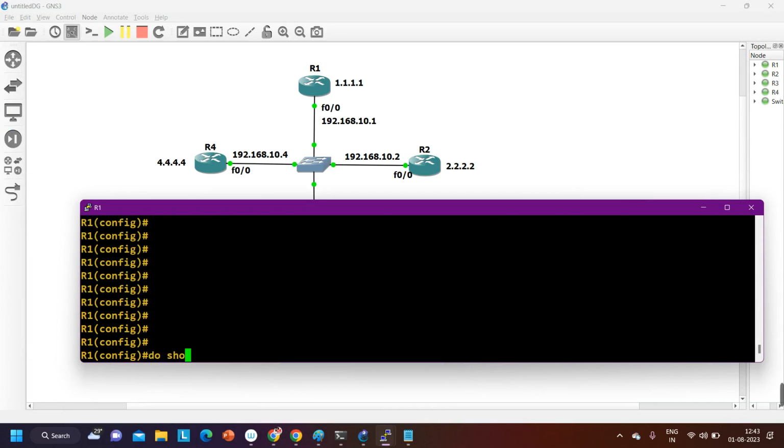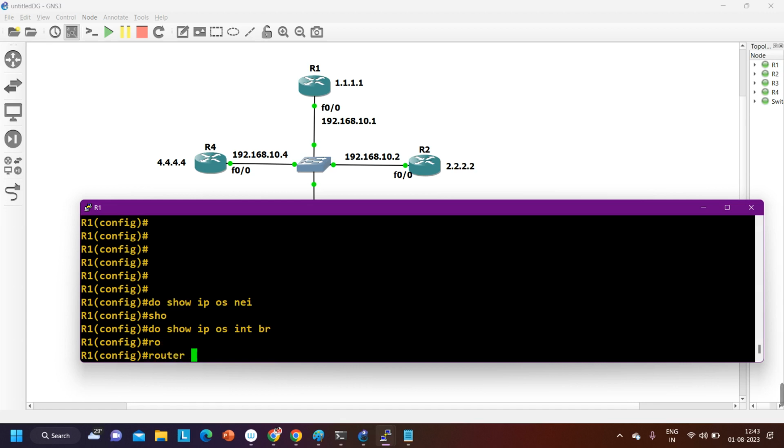Now again you can see, show IP OSPF neighbor. We don't have any neighbor. And show IP OSPF interface brief. I don't have any interface enabled for OSPF.